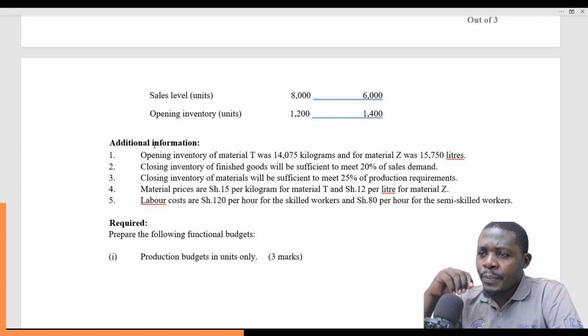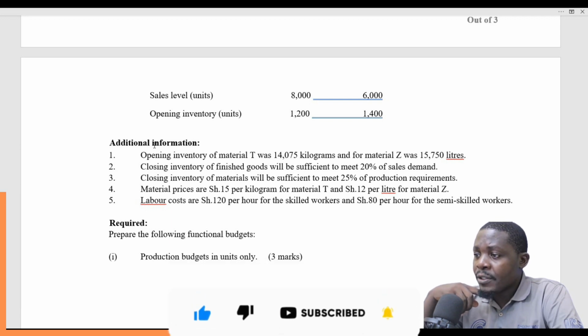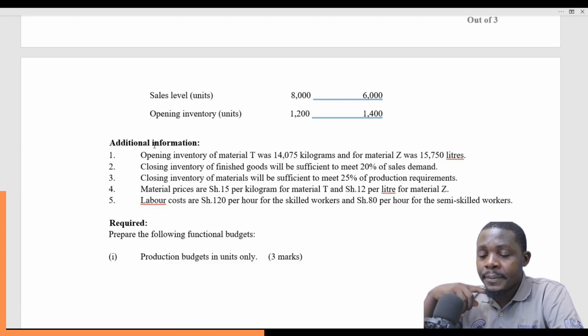Additional information: opening inventory for material T was 14,075 kilograms and for material set was 15,750 liters. Closing inventory of finished goods will be sufficient to meet 20% of the sales demand. Closing inventory of material will be sufficient to meet 25% of production's requirement.